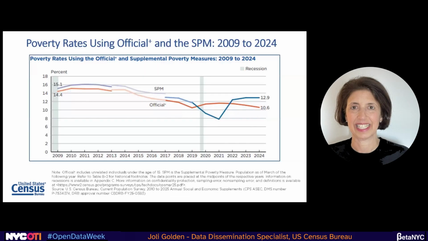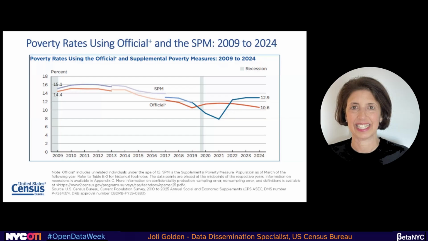This graph shows poverty rates using the official and the supplemental poverty measures. In blue, you can see the supplemental poverty measure, and in orange, the official poverty measure rate. And you can see how in around just past 2020, we start to see that dip as those stimulus payments start to boost people's income so that they fall below the supplemental poverty measure.